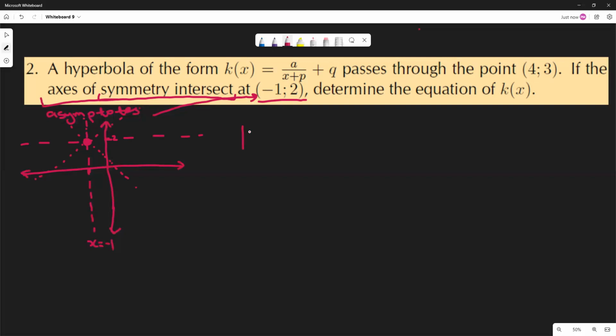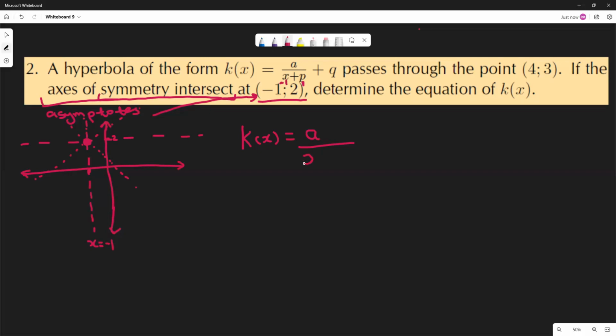Okay, so with this given, I can easily say, therefore, k of x is equal to a over, I know that if I put -1 on x, because my x asymptote is -1, I'm getting a 0 at the bottom. So p must be 1, because -1 plus 1 is 0.